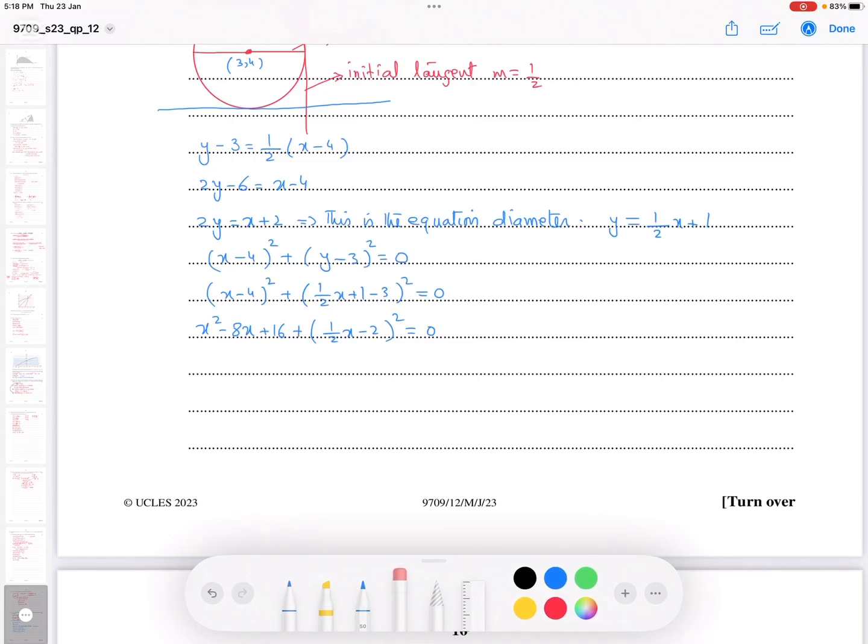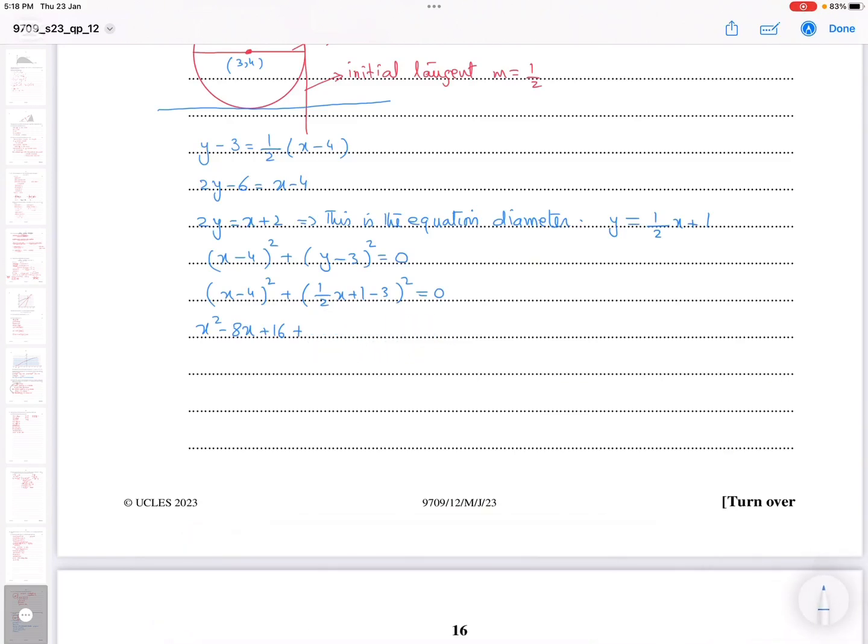Let's open it here instead of taking another line. So it will become 1 over 4 x squared minus 2x plus 4.